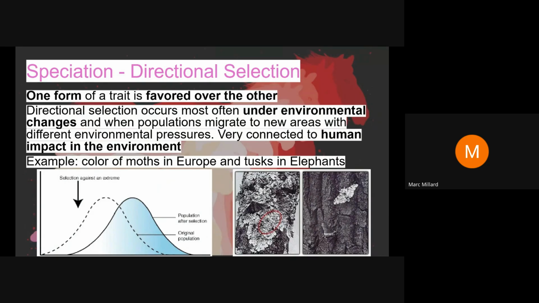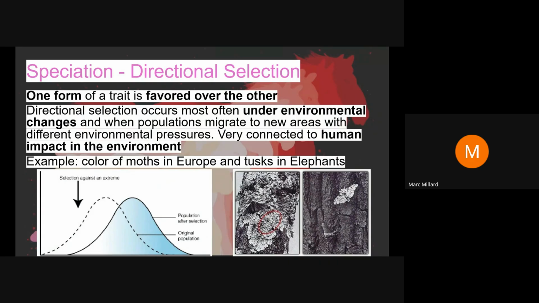in the 1800s, there were these moths in Europe. You can see over here on the right-hand side. They're called peppered moths. Most of the peppered moths in the early 1800s were a light color like you see here on this bark. But during the Industrial Revolution, especially in England, the soot from the chimneys on factories put a lot of soot into the air, and that soot would land on the trees and blacken them.